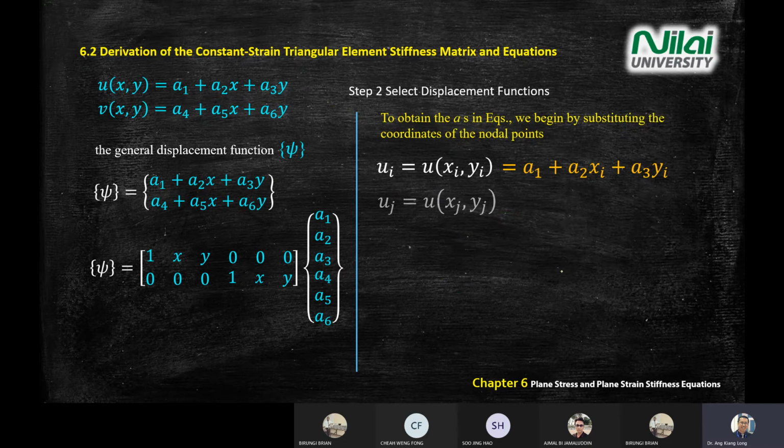Next, you do it for the J point, but in the U direction. You get the second equation. Again, substitution of the coordinates of J. For J, you have xj and yj. What does it mean?